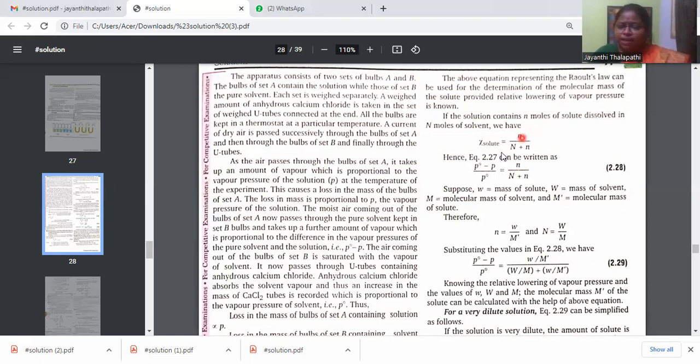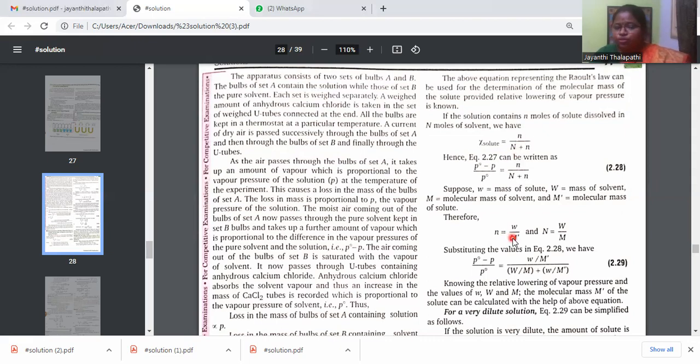But what is this capital N? That is also the same, but the small n represents mass of solute by molecular mass of solute, and the capital N denotes mass of the solvent by molecular mass of the solvent. Which means moles of the solute is small n, and capital N denotes moles of the solvent, right?